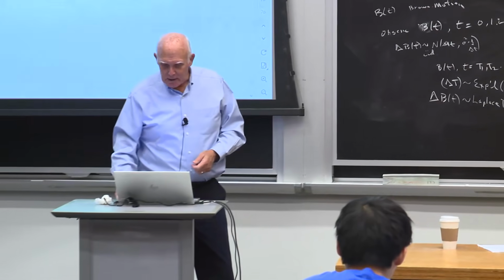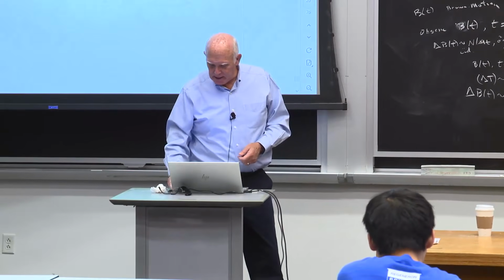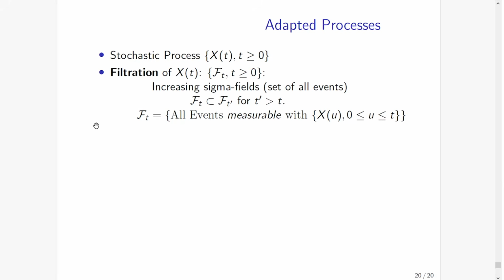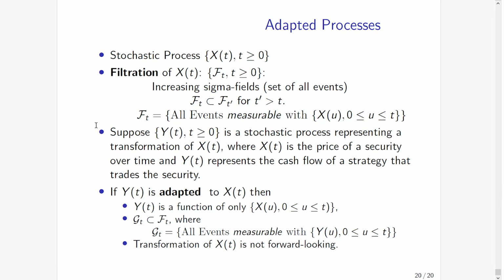All right, well, the final slide here for today addresses what are called adapted processes. In financial modeling, we can think of there being a stochastic process x of t characterizing relevant dynamics in the system.